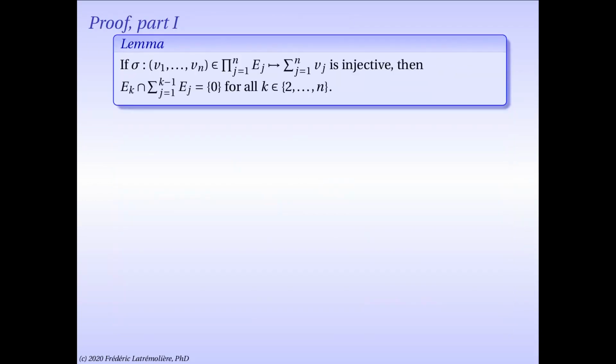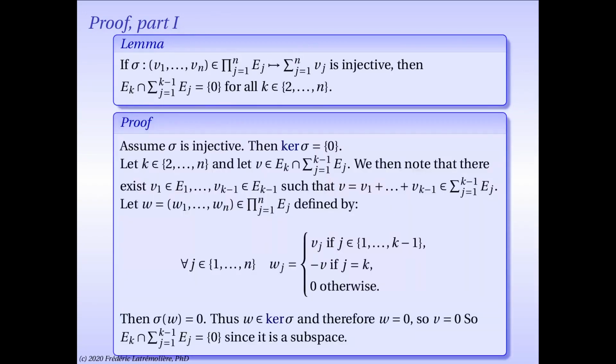So let's first prove that if sigma is injective, then for any integer k between 2 and n, the intersection of the subspace Ek with the sum E1 plus E2 plus etc. plus E(k minus 1) is the singleton 0. So if we assume that sigma is injective, since sigma is also linear, we can conclude the kernel of sigma is the singleton 0.